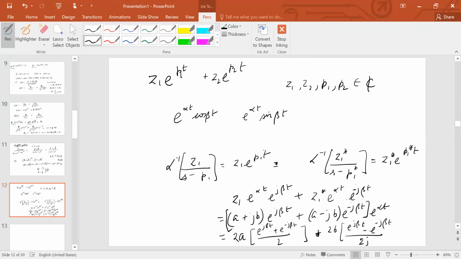Then maybe adjust with a minus sign here. Something like this, and this entire thing multiplied by e to the power alpha t.